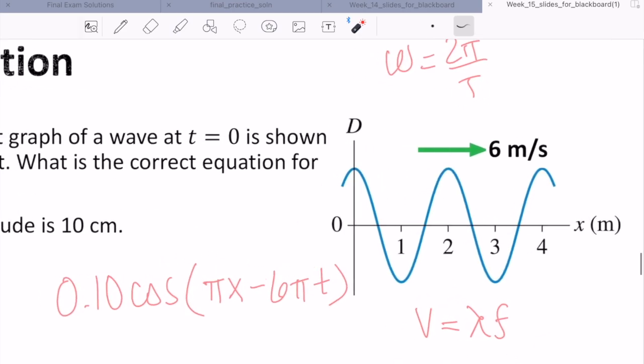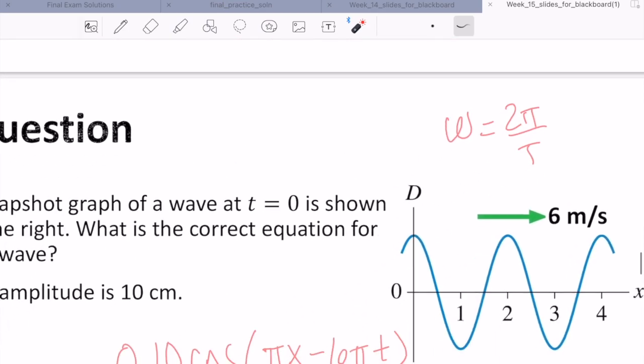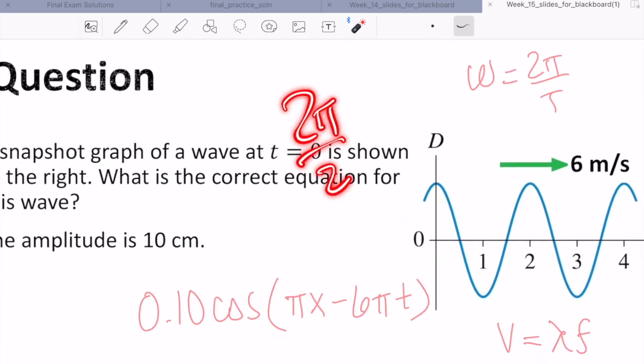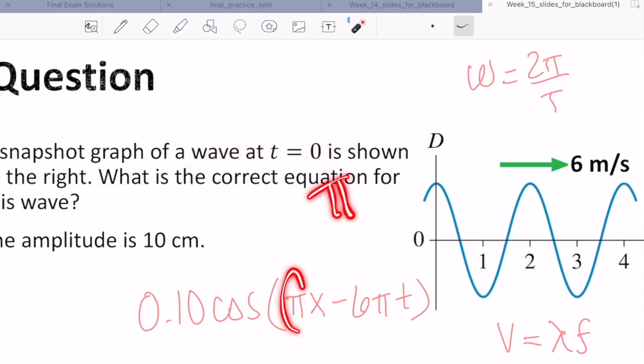From a snapshot graph, we can figure out the wavelength. From here to here, what's my wavelength? 2 meters. So 2 pi divided by 2 gives me my wave number, which is simply pi. So I can plug in pi x.